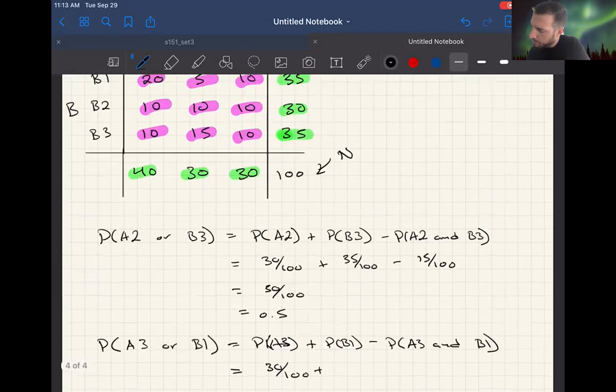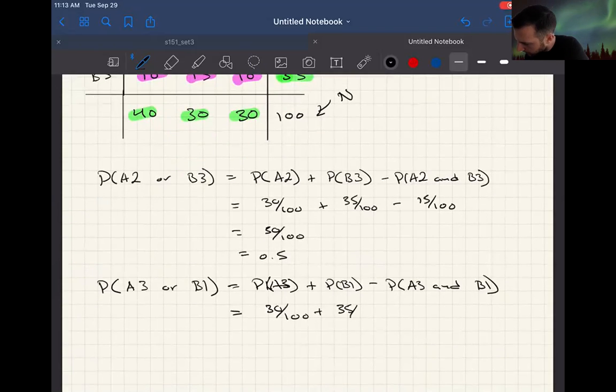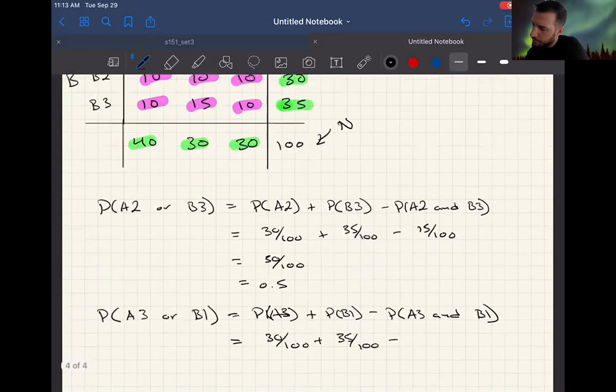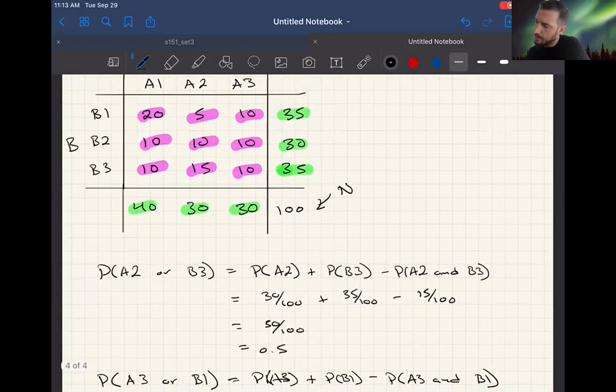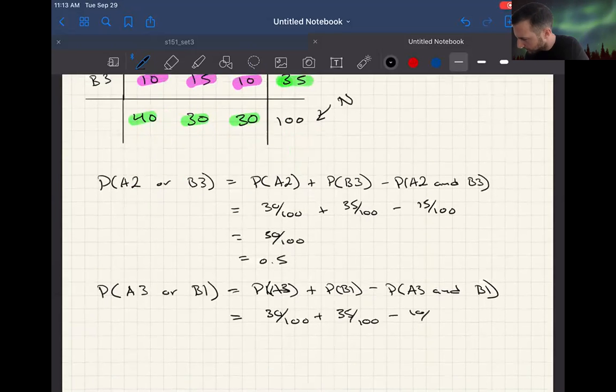P of B1 is 35 over 100. A3 and B1 is 10 over 100. Okay, that's going to be, again, 55 over 100, which is 0.55. All right, so those are 3 different ways of computing unions using a contingency table. So row plus column or column plus row, depending on how we set it up, minus the corresponding joint on the inside.